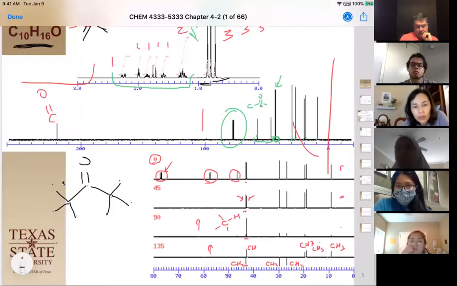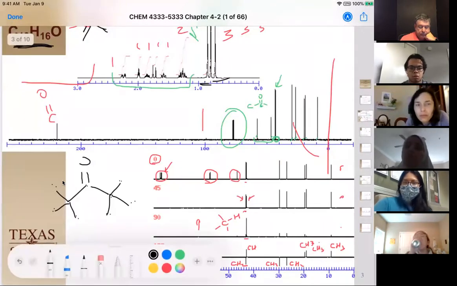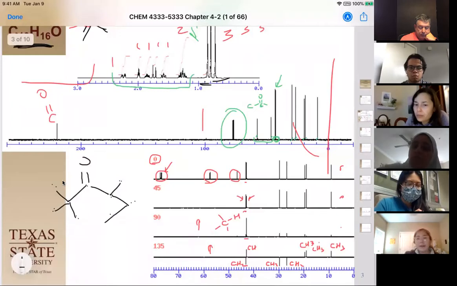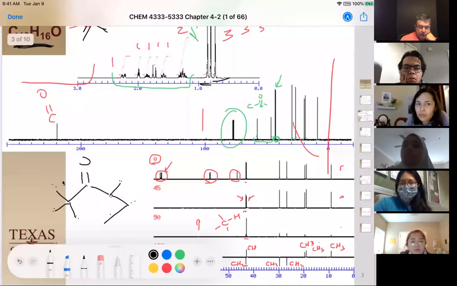So let's see. 1, 2, 3, 4, 5, 6, 7, 8, 9. So we have one more carbon somewhere, and we have to get a CH2 somewhere. What if we did that, which would give us our 1 CH.